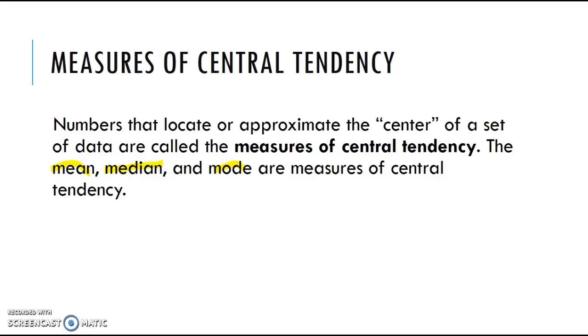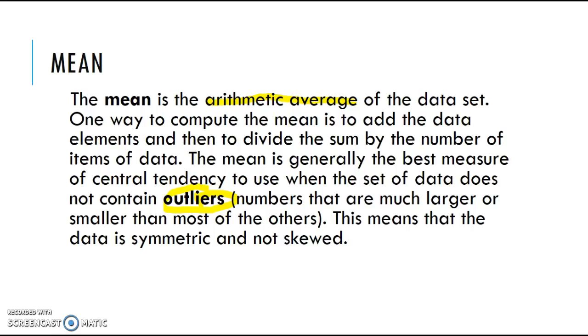These are the measures of center, single values that have the meaning of what is the most typical or middle of a set of data. And these are mean, median, and mode, the 3 M's.